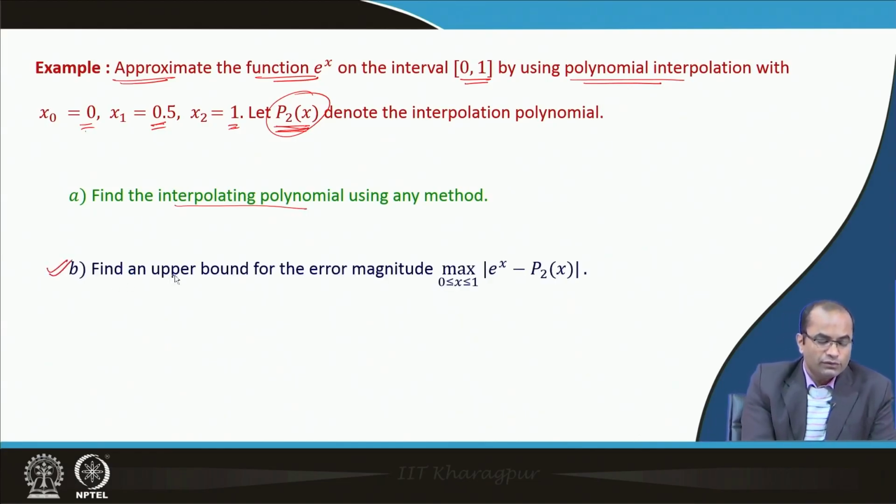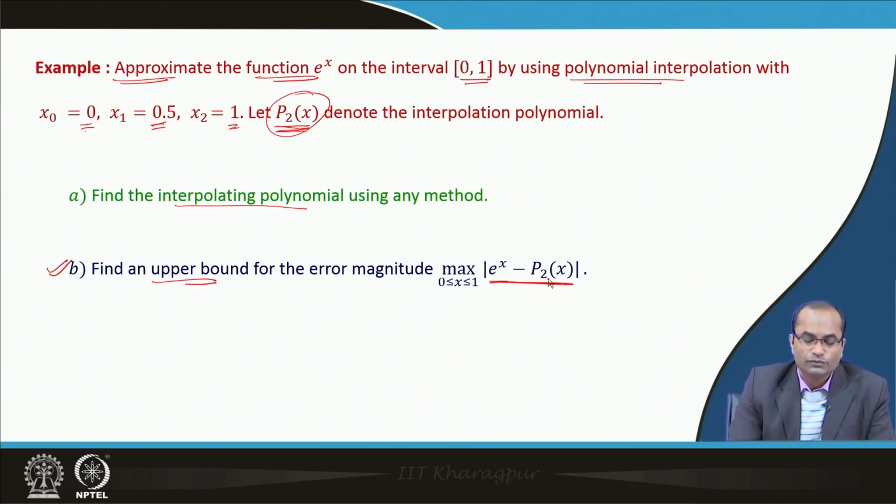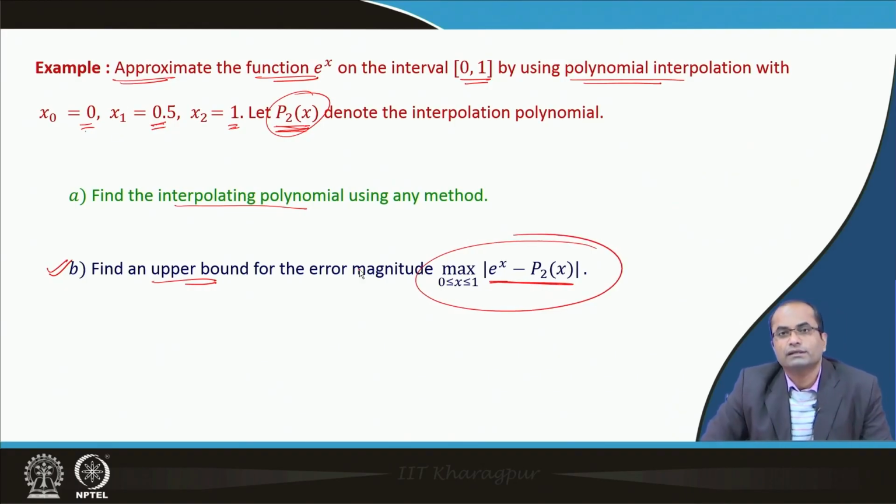This is new here: we want to find the upper bound for the error e power x minus p 2 x. Without computing the direct error, we want to have the bound for this error, and in the first lecture on interpolation, we have already discussed what the interpolating error is, what the error between the actual function and the interpolating polynomial is.